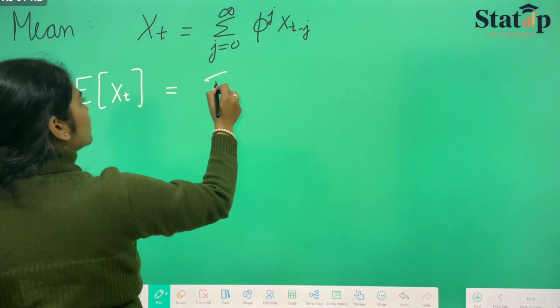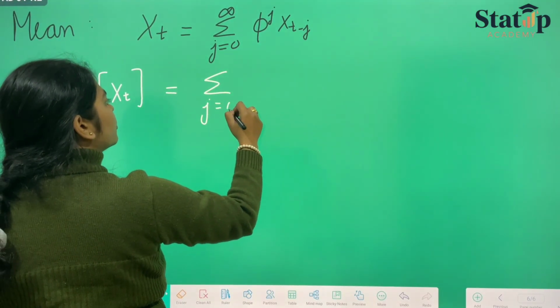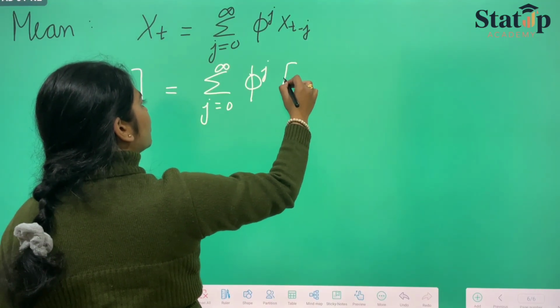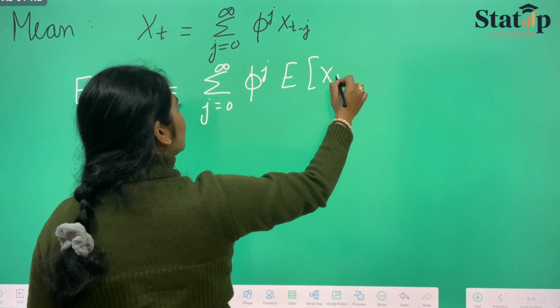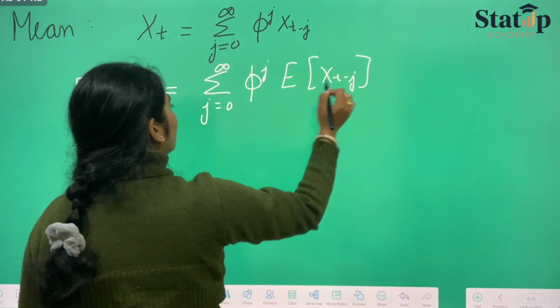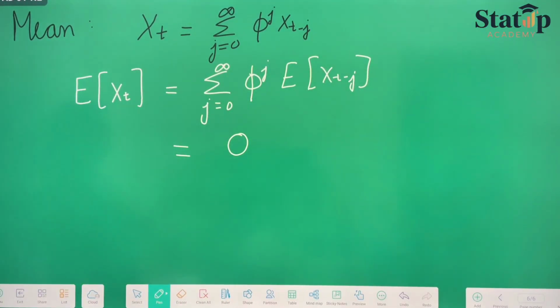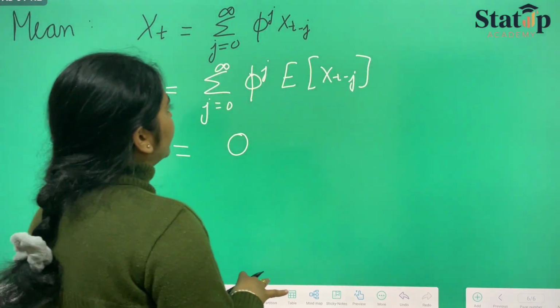This would be the summation over j from 0 to infinity of phi^j times the expectation of x_{t-j}, which is nothing but equal to 0. This would be the mean of it.